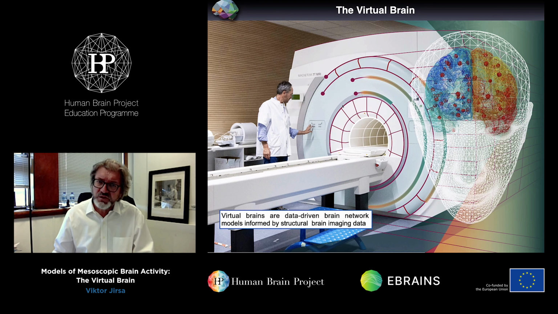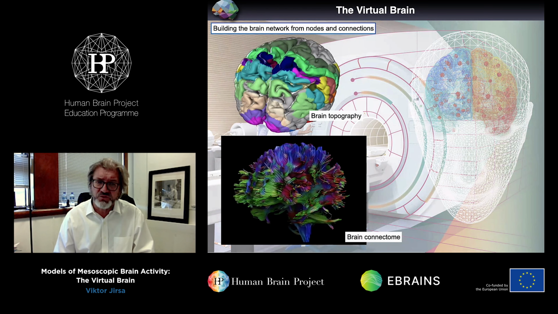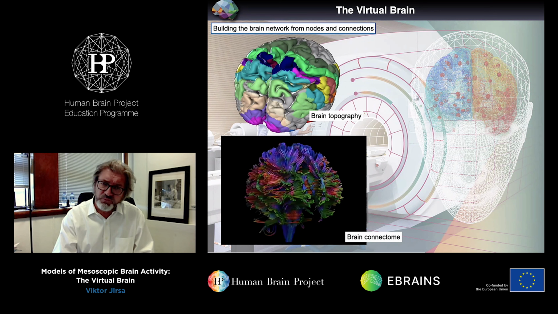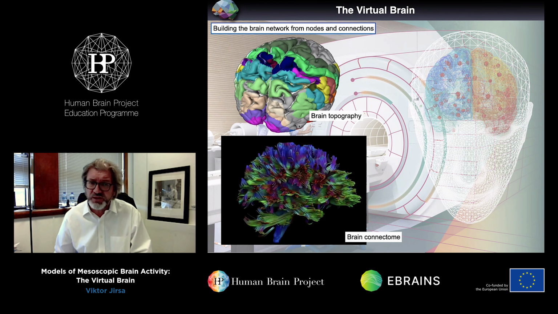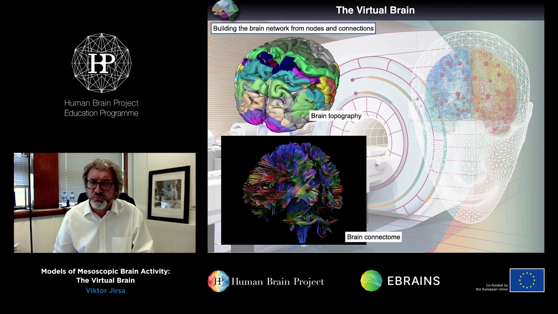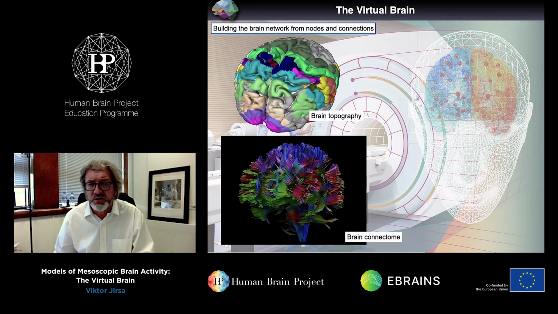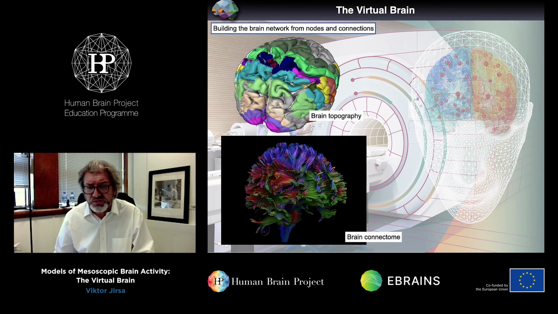We use the MRI for that. We use tractography to extract the information directly from the individual. And then we developed workflows that allow us to link these things up. From the MRI, we can extract the brain topography, so the cortical and subcortical surfaces, and parcellate it. Then we get the network nodes as you see here.